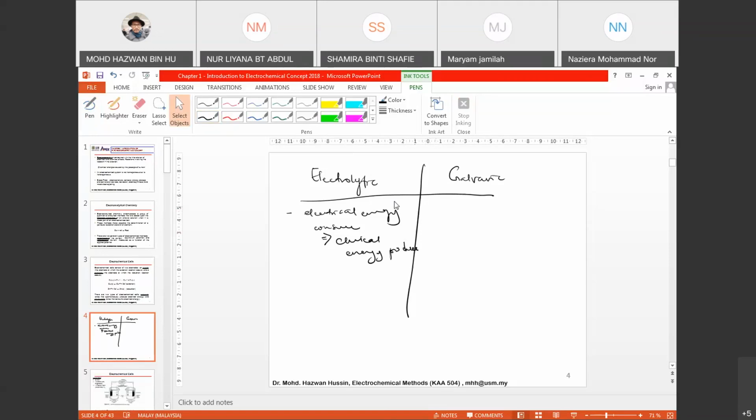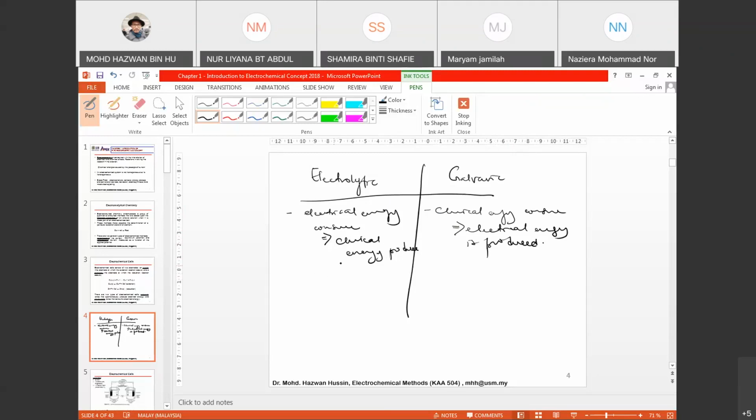Meanwhile, for a galvanic cell, chemical energy is consumed and then electrical energy is produced.